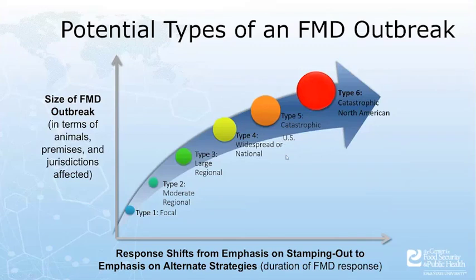Type 5, a catastrophic U.S. outbreak, is out of control and likely won't come under control for a year or more, and we would be counting on massive vaccination to control the outbreak without stamping out. A catastrophic North American outbreak is not just the U.S., but Canada and/or Mexico would be involved also. So for FMD, it's a rather complicated set of types of outbreaks.